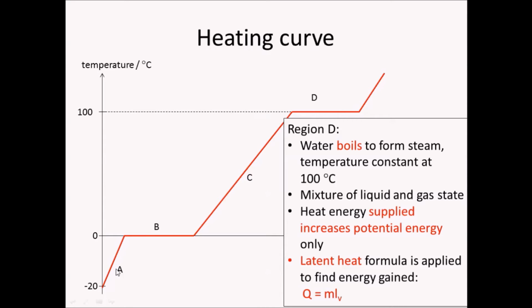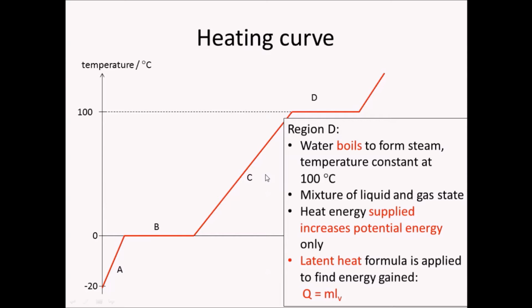Region A and C, and also this region which we seldom consider. We just have to consider A and C for the moment. Regions A and C are regions where the temperature increases without a change in state.